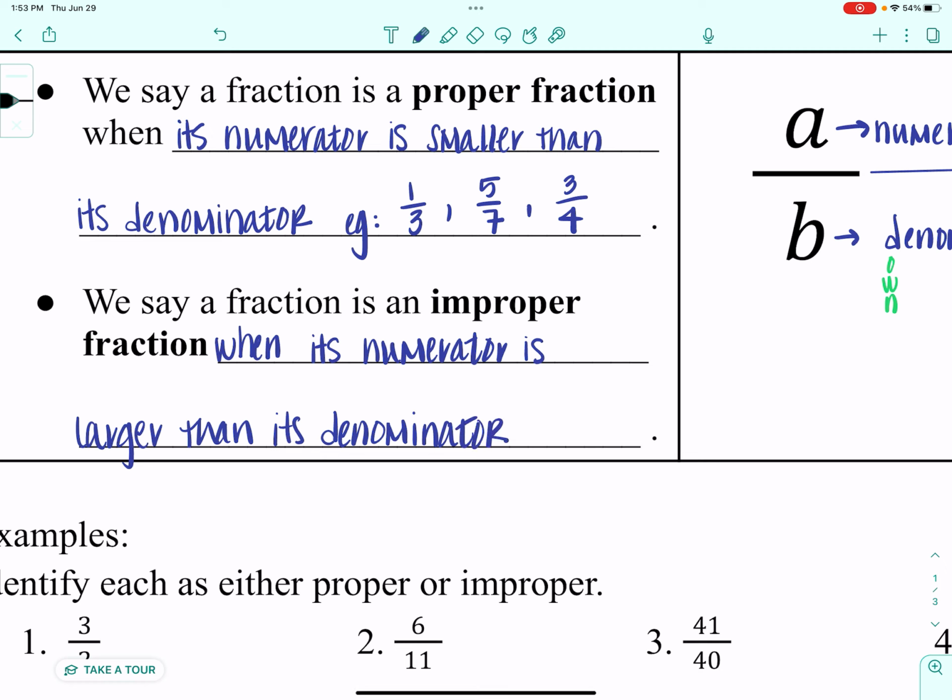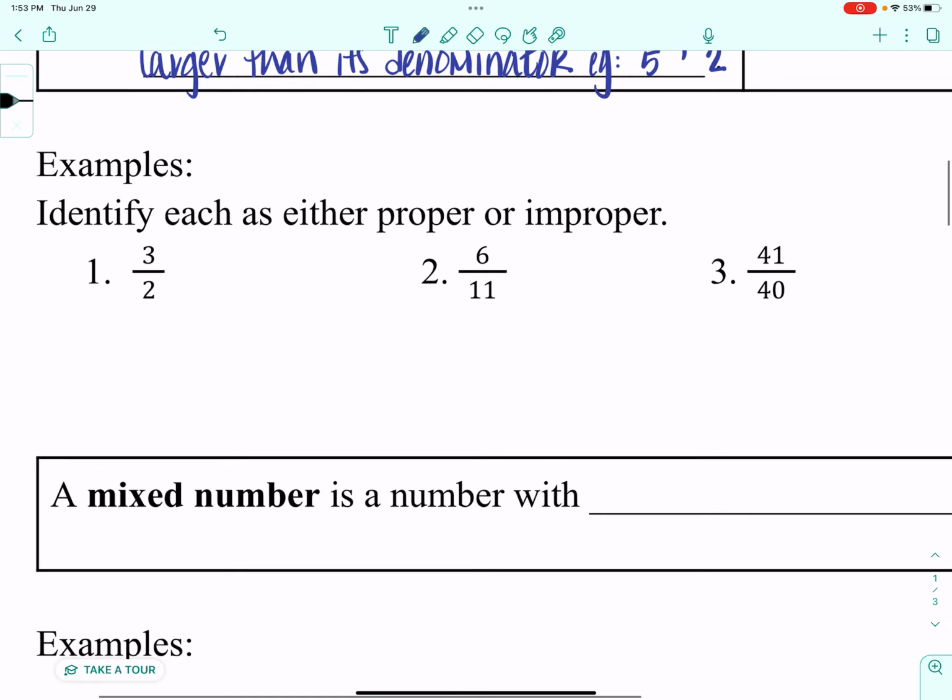So this could be 6/5, 3/2. Those are some examples of where the numerator, the top number, is larger than the denominator.